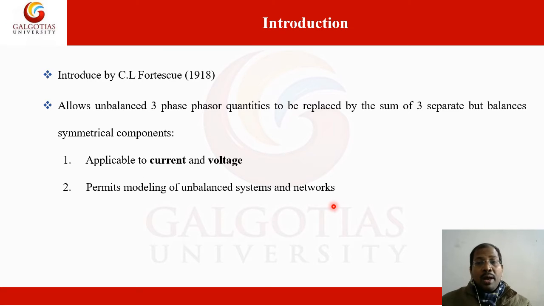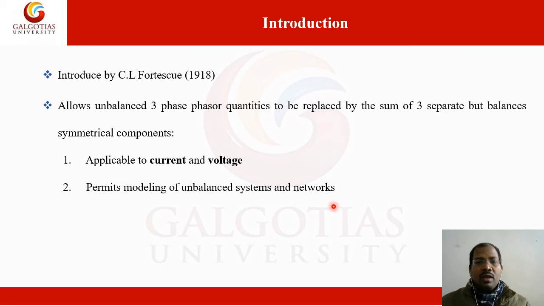First they balance the system using the symmetrical components, then they can apply the different laws and theorems and simplify, and they can get their desired variable value, and after that they convert it back into the unbalanced system.